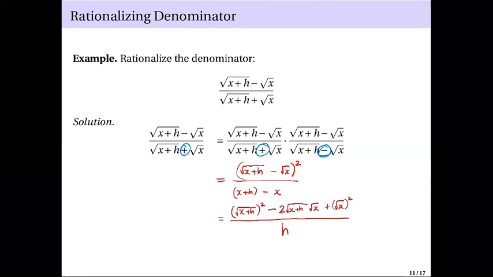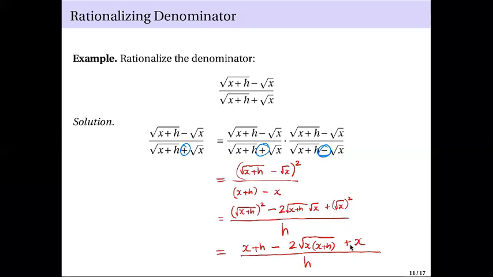And for the numerator, just simplify it. You will have x plus h minus 2 square root of x times x plus h. So you can combine these two guys. You can put them together. Okay. And then in here you have plus x. Of course, denominator, it's just simply h.